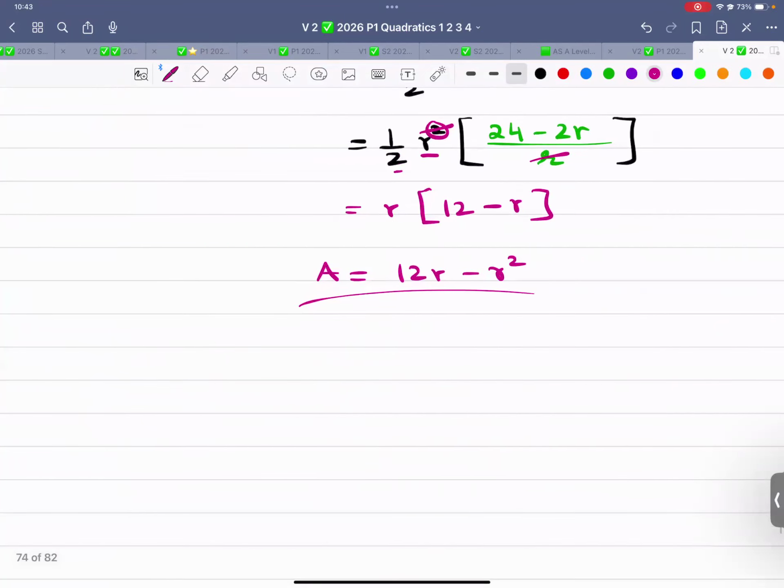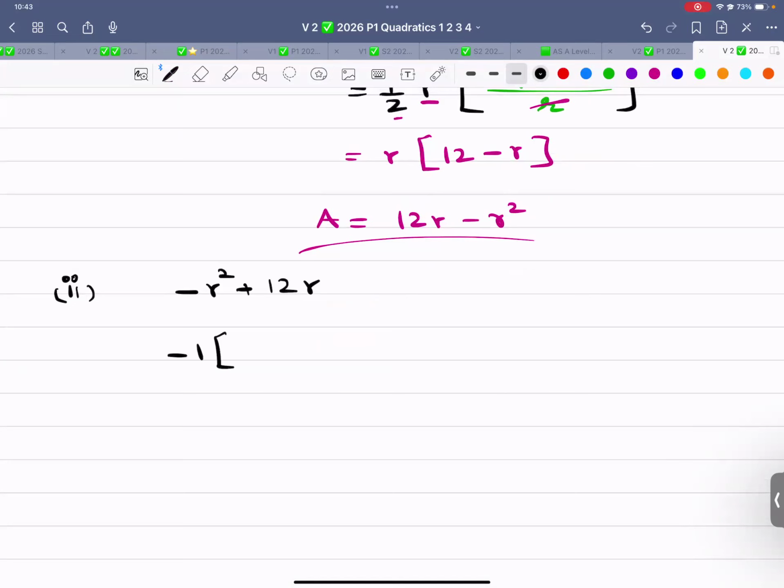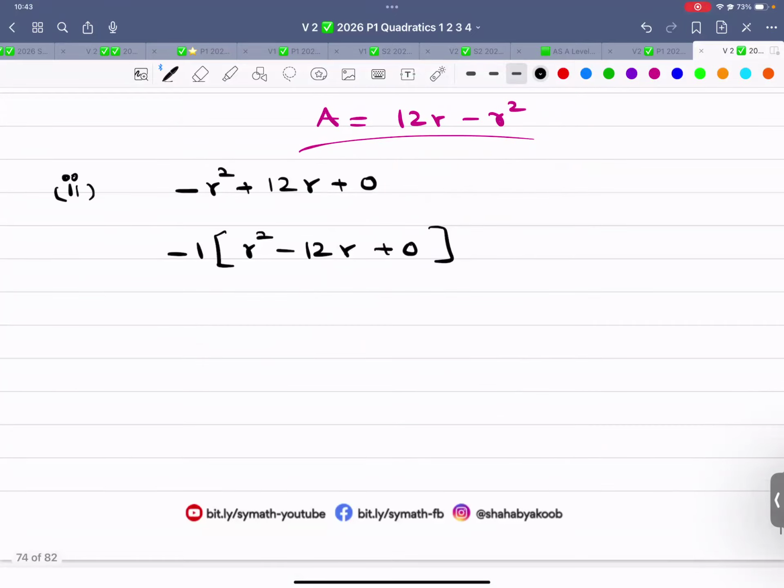So now we want to express it in the completed square form. Therefore, negative r square plus 12r. Take negative 1 common. This is r square minus 12r. Add a 0 if you want. Even if you take a minus 1 common, 0 is unaffected. Negative 1 times r square minus 12r plus bracket square minus bracket square plus 0.